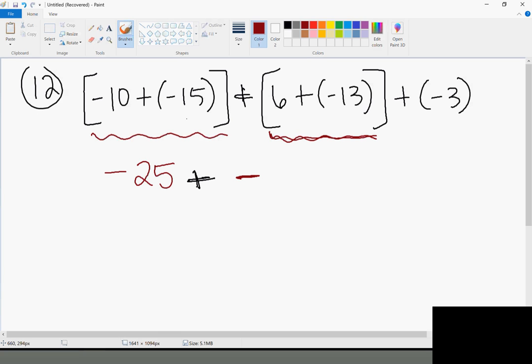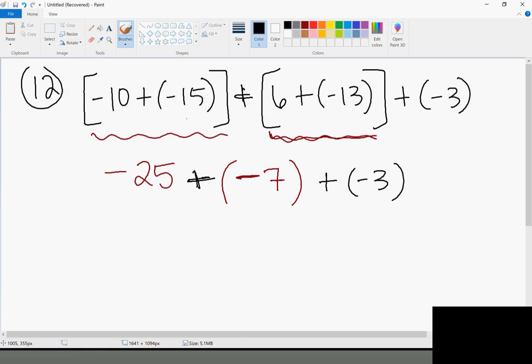And then we just find the difference between 13 and 6, which would be 7. Now, since I have plus a negative, I am going to put parentheses just because it looks better. It's not required, but it looks better if you have two signs side by side together. And then now I have plus negative 3.